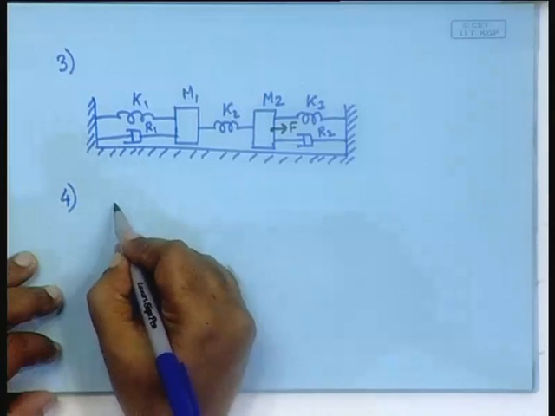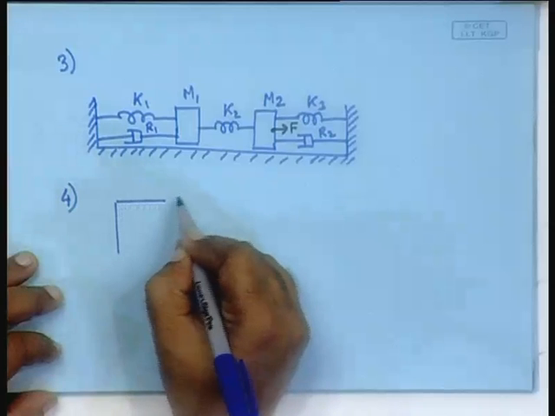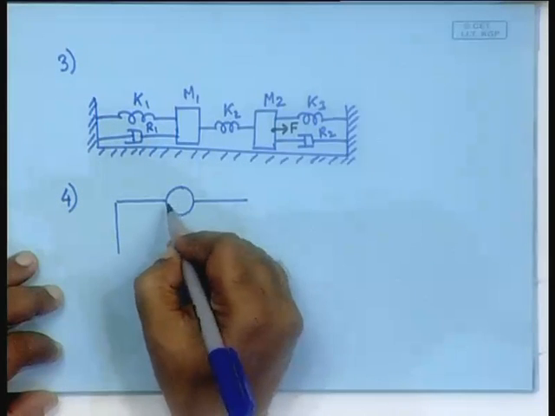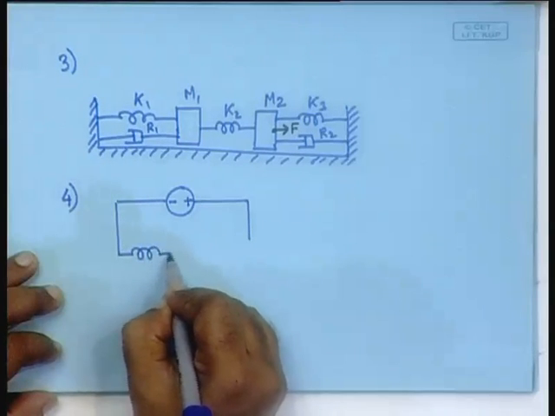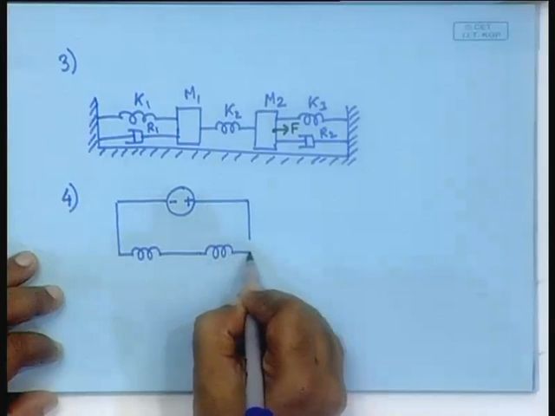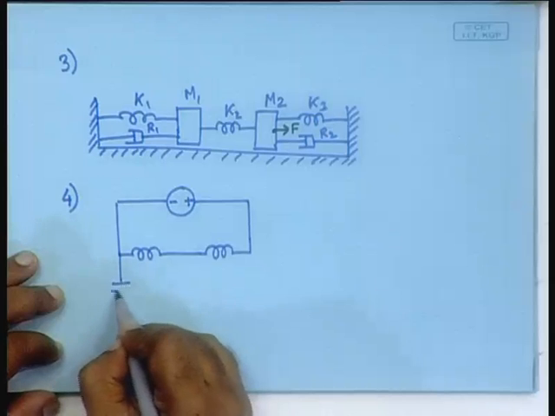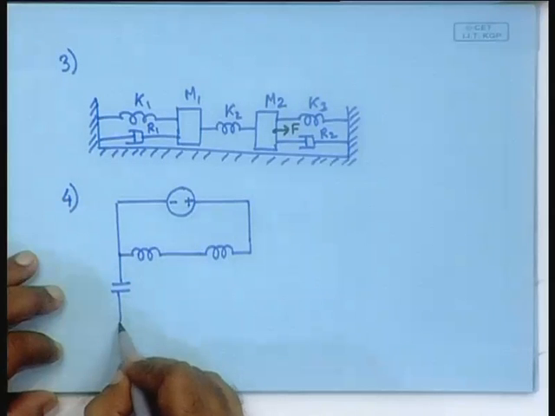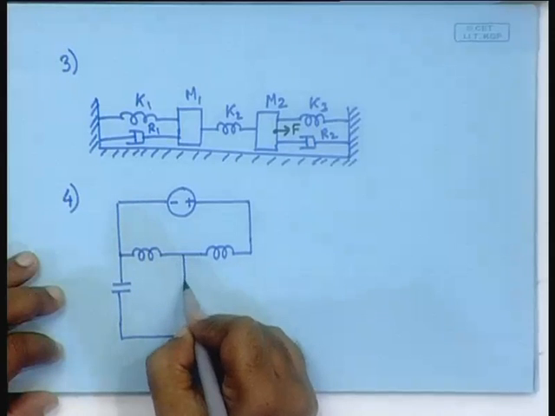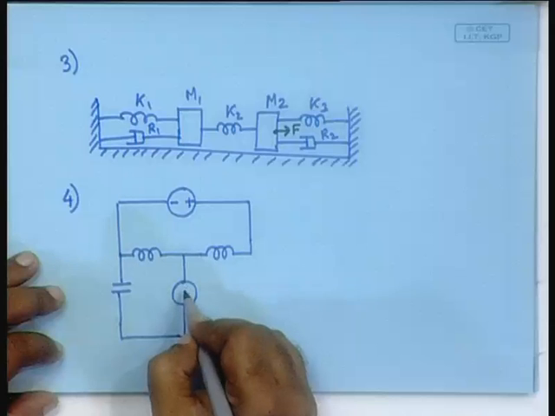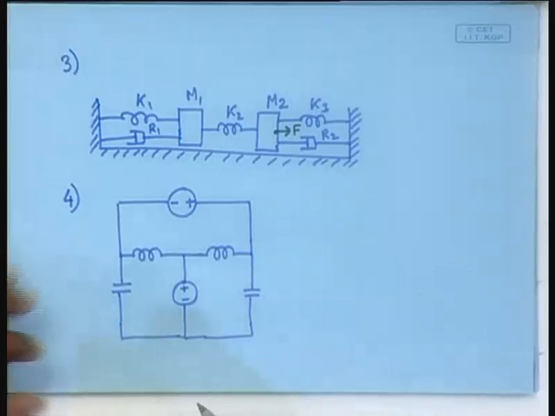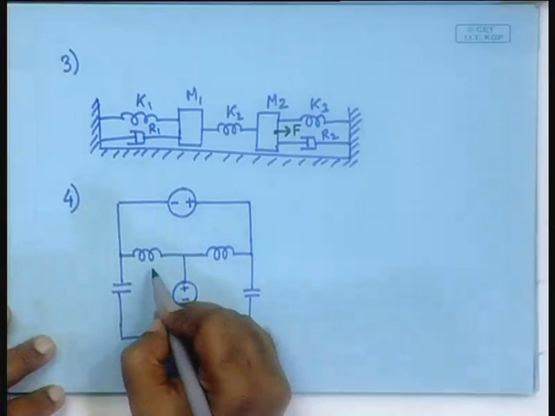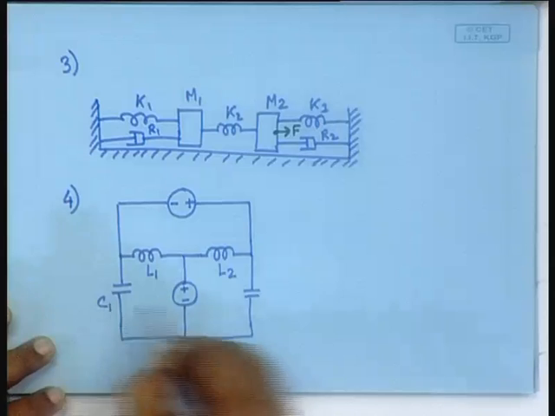Now take a circuit. All right. So, here you have L1, L2, C1, C2.